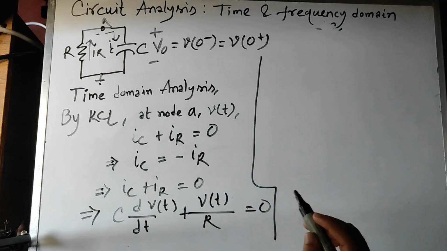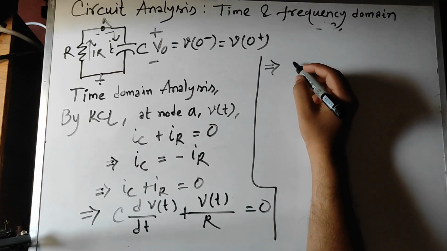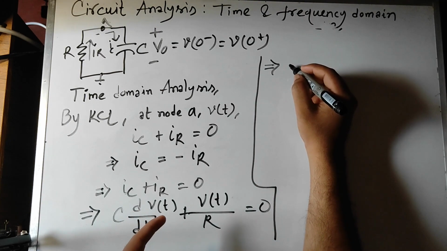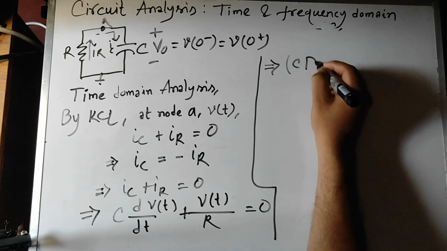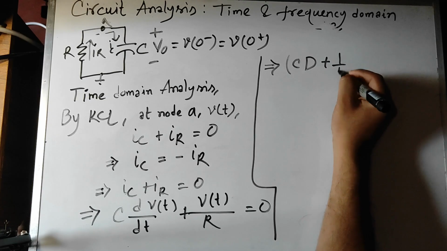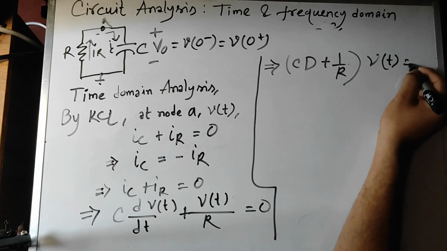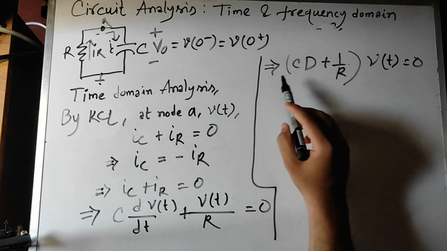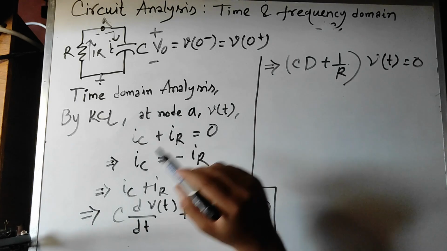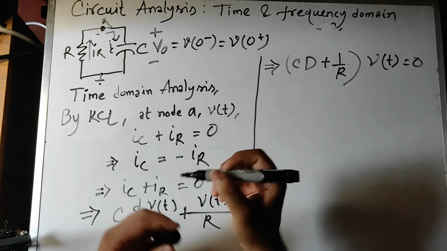Now say d by dt is a differential linear operator in this case, which will give (CD plus 1 by R) V(t) equals 0, which is a first order differential equation with constant coefficients. Here R and C are constants.